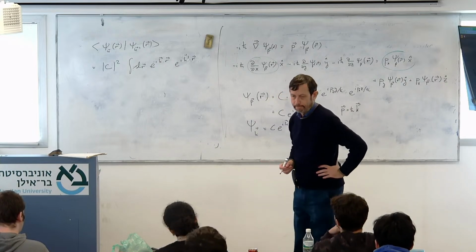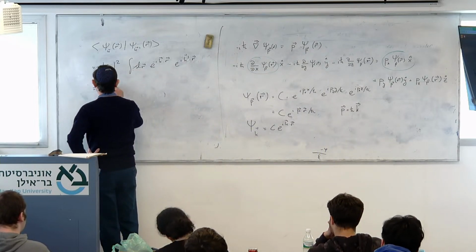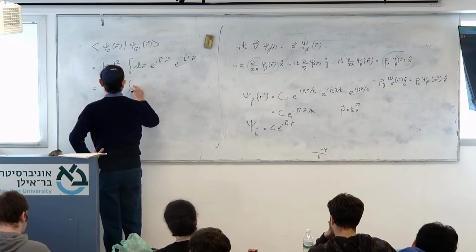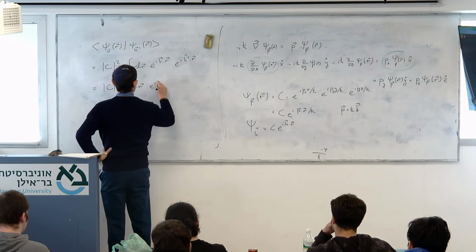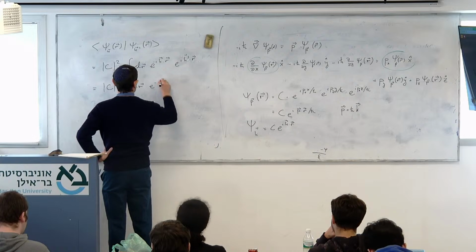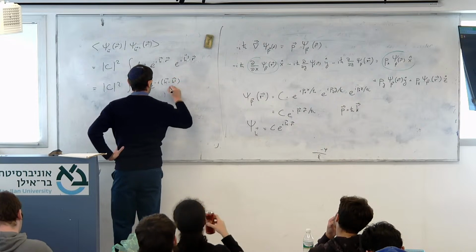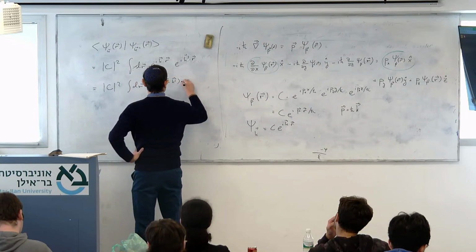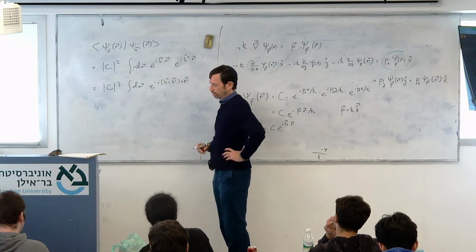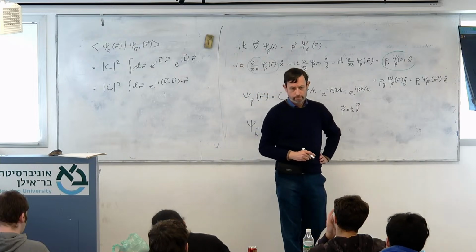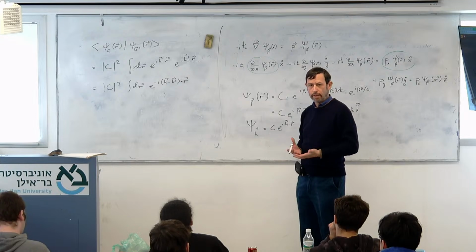Okay. Why K tag and K? Because I want to check orthonormality.